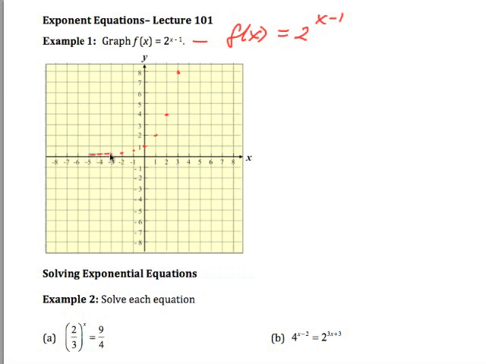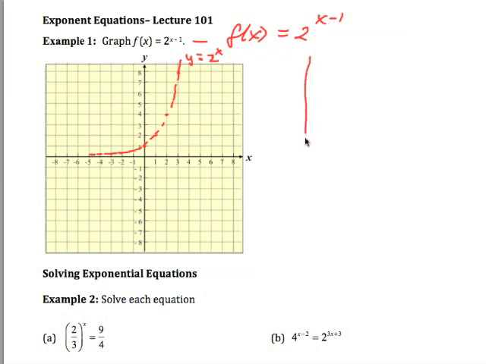In other words, it's like this. This is our basic function, y equals 2 to the x. Now what does subtracting 1 from the x to begin with actually do?